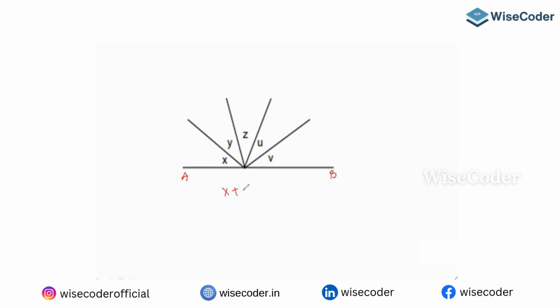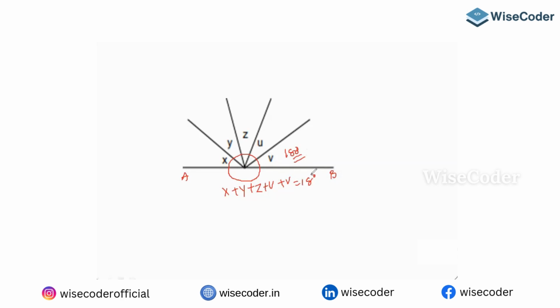So what is X plus Y plus Z plus U plus V? This is going to be 180 degrees. Why 180 degrees? Because the circle is 360 degrees, so half of the circle will give you 180 degrees. So X plus Y plus Z plus U plus V equals 180 degrees.